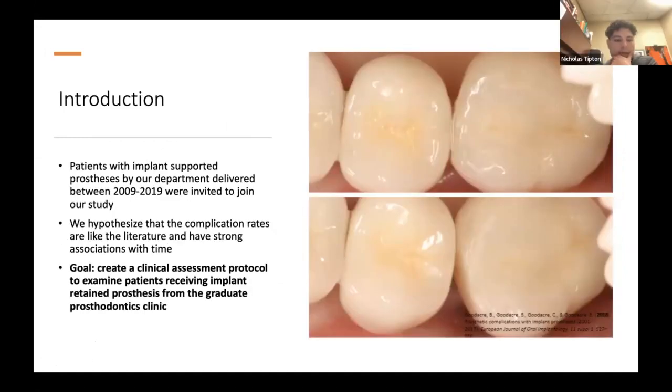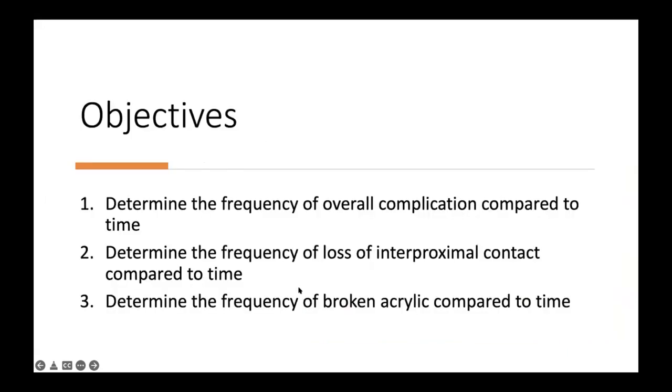In our study, we used patients that had prostheses delivered between 2009 and 2019. We wanted to stop at 2019 so that the prostheses evaluated in 2021 had some time. The goal, like I said, was to develop a clinical assessment model.